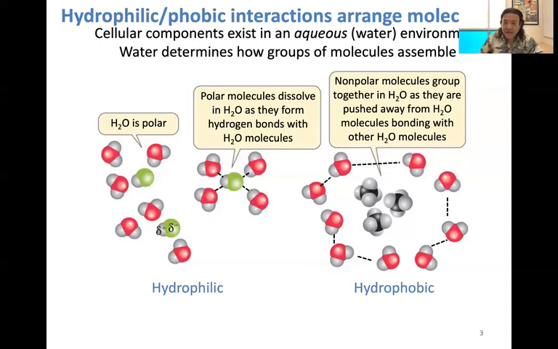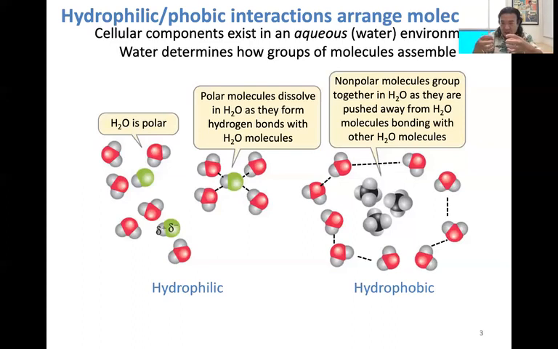So if you dump this thing into water, all the water molecules are just bumping into it, right? They don't want to stick, they don't want to interact, they're just shoving all these methane molecules around. So naturally, as these individual methane molecules are getting shoved around, they will tend to group together. Not because the methane molecules are somehow attracted to each other, right? That's the false way of thinking about it.